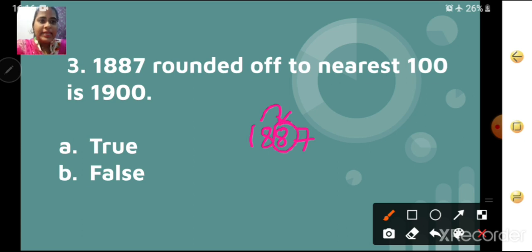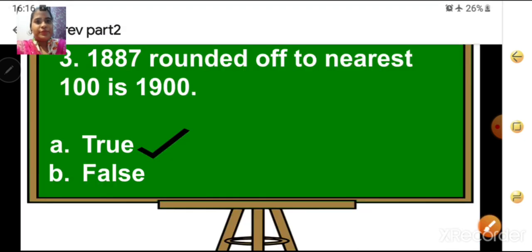The number at the tens place, if it is 5 or more than 5, we have to first put 0 in ones place, then in tens place, and the number at hundreds place will change. We have to do plus 1. We have to add 1 to the number at hundreds place. Here we have 8. So 8 plus 1 is 9. And the number at thousands place will remain as it is. Okay. So yes, I have got 1900. Here also in the question we have the same number. That means the statement is true. Okay. So we'll click on the option true. This way.